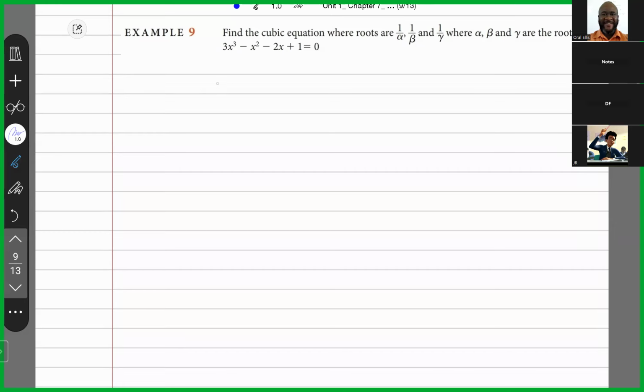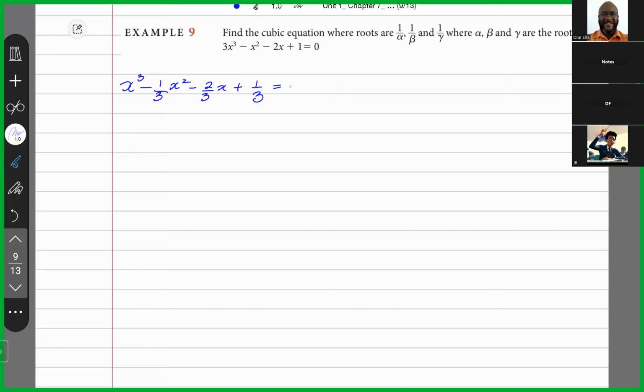So I'm going to start by dividing our cubic equation by 3 to make the x cubed coefficient 1. So this is going to be x cubed minus 1 over 3 x squared minus 2 over 3x plus 1/3. And this would be equal to, remember, for this equation, the roots are alpha, beta, and gamma.